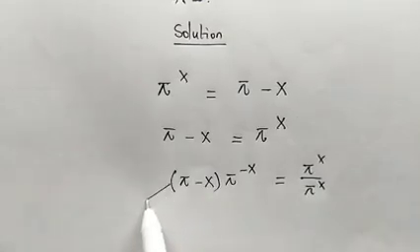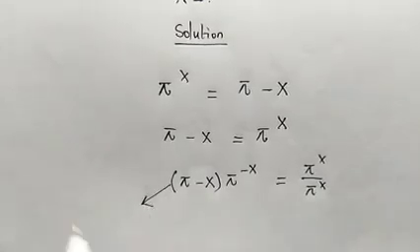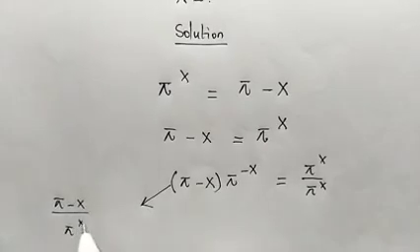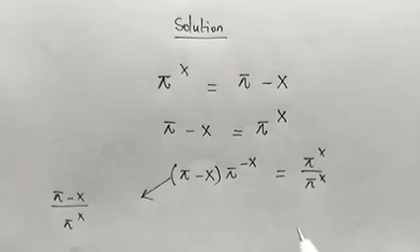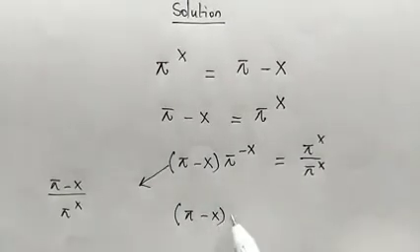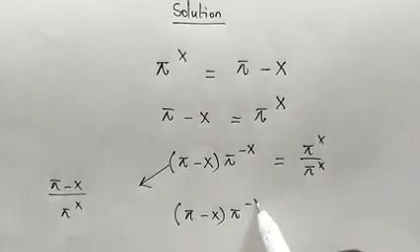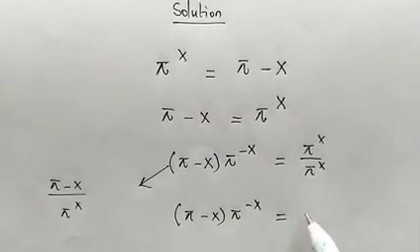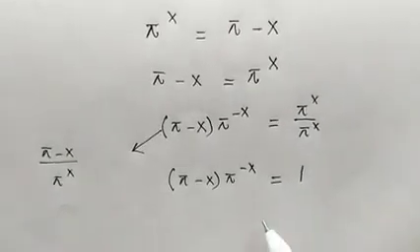Remember that when you divide the left hand side by pi to the power of x, that is going to give you pi minus x divided by pi to the power of x, of which we can write 1 over pi to the power of x in this form, right? So here we have pi minus x multiplied by pi raised to the power of negative x. So this is equal to 1.